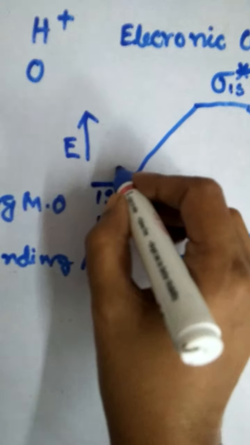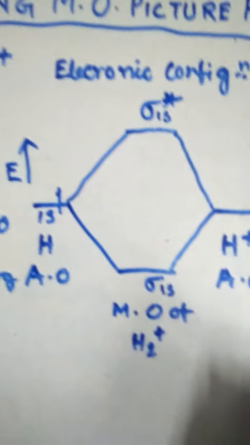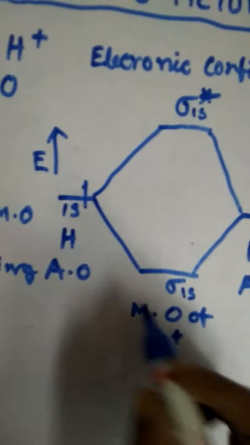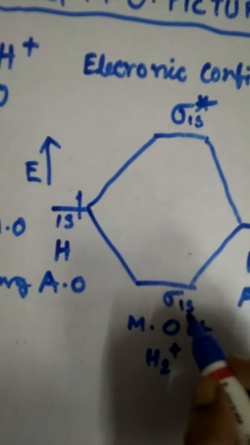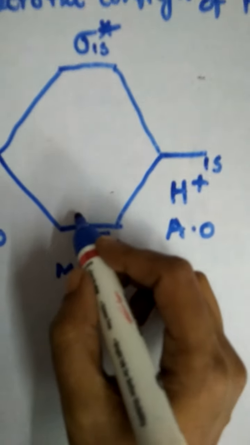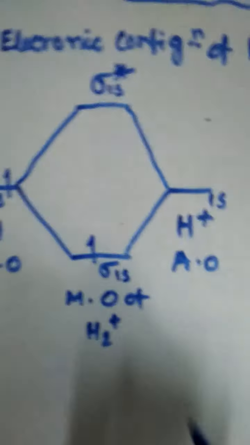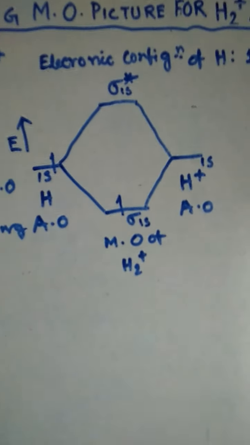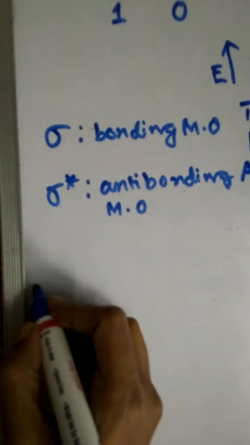After that we will put the electrons in the molecular orbital. In hydrogen, as you have seen already, you have one electron, and here there is no electron. So the number of electrons in this bonding orbital will be only 1. Now how are we going to determine the bond order?